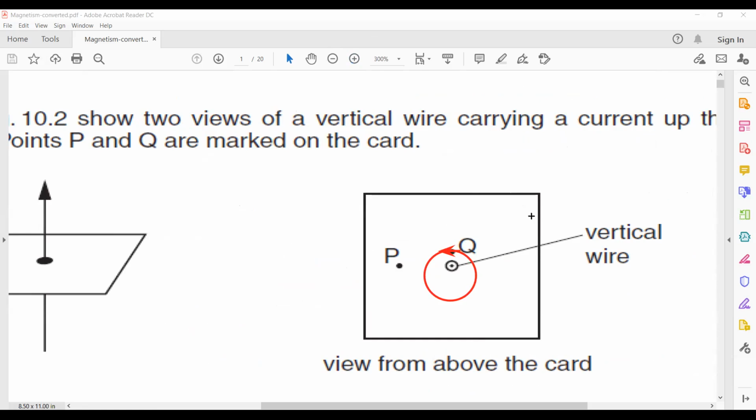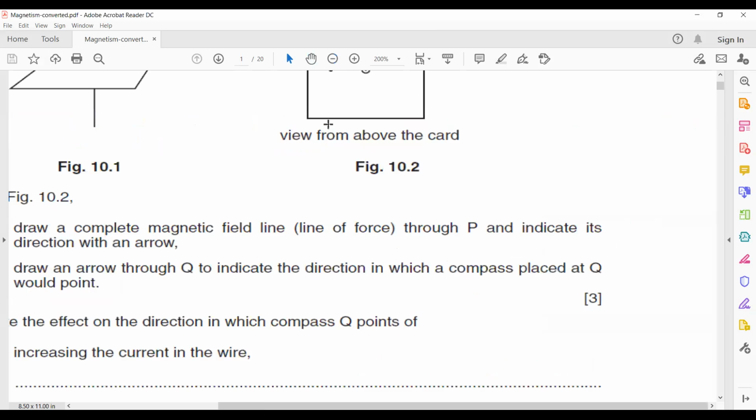If I reverse the direction of the current, then the compass needle will point towards the right hand side. The compass needle does not show the position of the current. It shows the direction of the magnetic field due to a current carrying conductor.